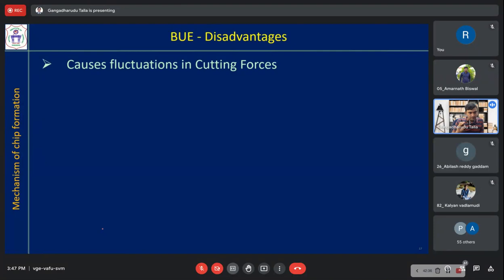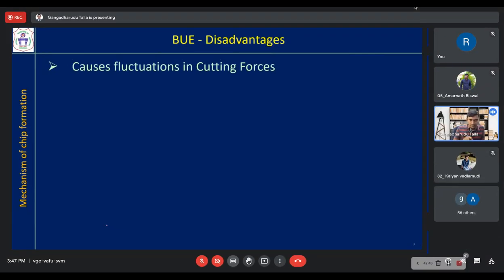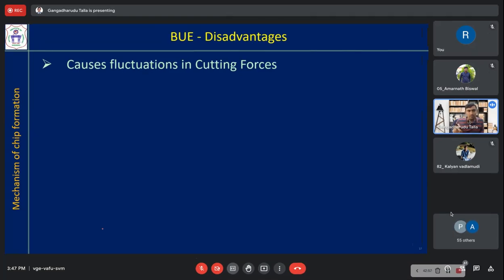Once the built-up edge is present, it is in contact with the workpiece material and is trying to cut it. The depth of cut is also changing, because T1 is in force once the built-up edge is removed. Before that, T2. So there is a fluctuation in the cutting force.